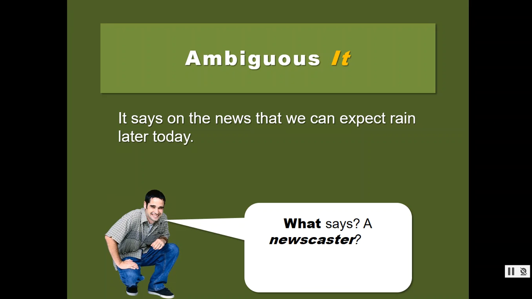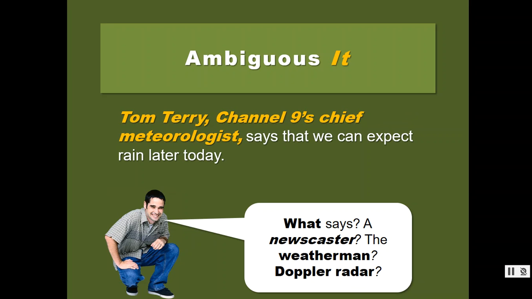Okay, so what does it say here? It says on the news. Well, who is that? So we need to identify who that it is. Let's name who actually said it. Now we have Tom Terry, the meteorologist, says.